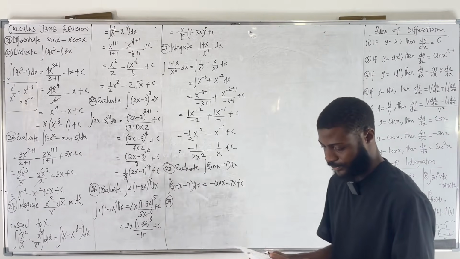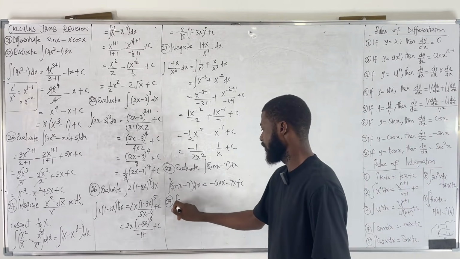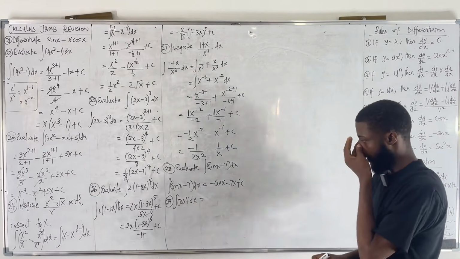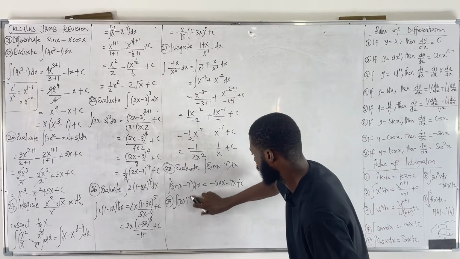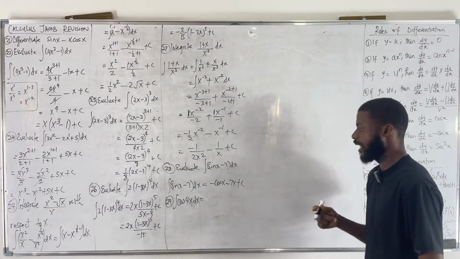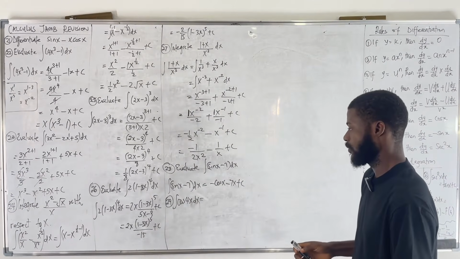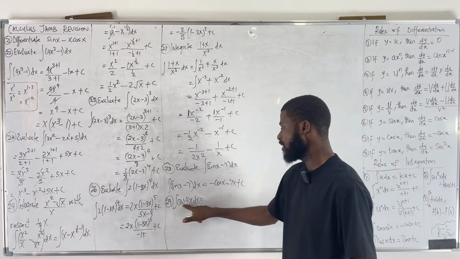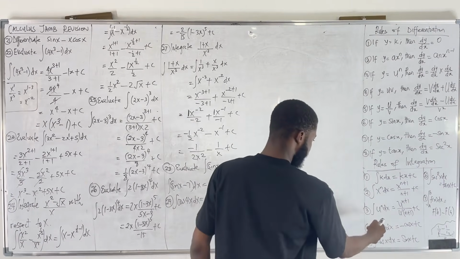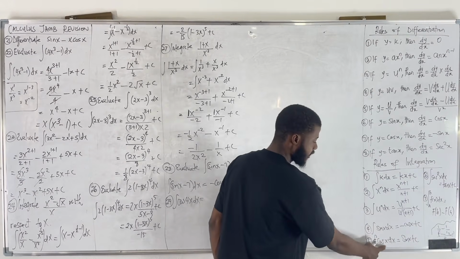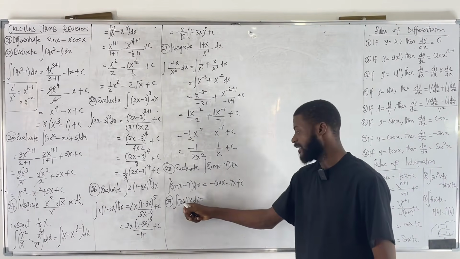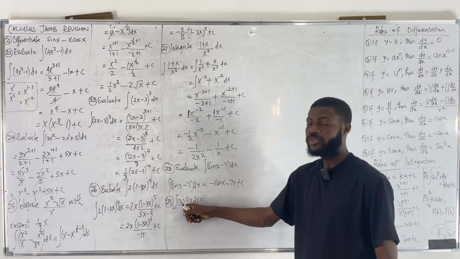Number 29. Integrate cos 4x dx. Alright. To integrate this cos 4x dx, here's what you will do. Each time you're asked to integrate a trig function, and this is an angle, first of all, differentiate 4x.